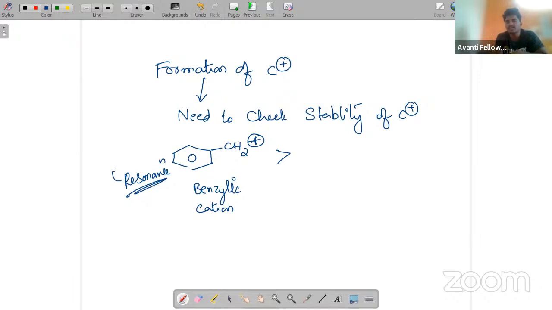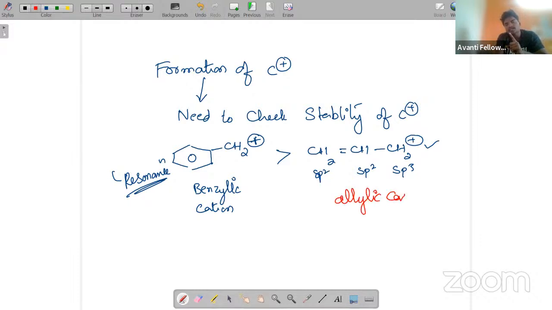What is the next stability? CH2 double bond CH, then CH2 positive. Here this is an sp3 carbon attached to an sp2 carbon. If an sp3 carbon with positive charge is attached to an sp2 carbon, this group is called an allylic carbocation.